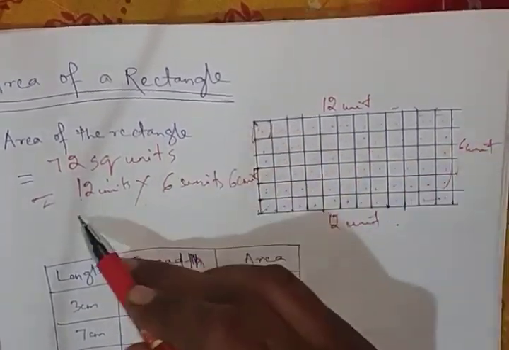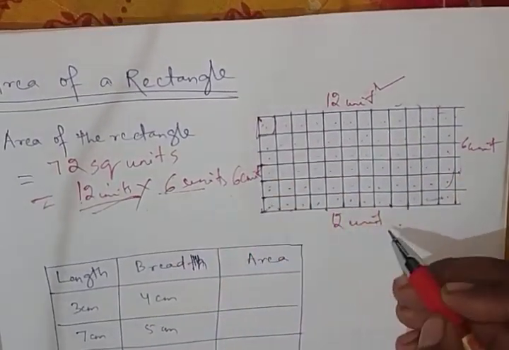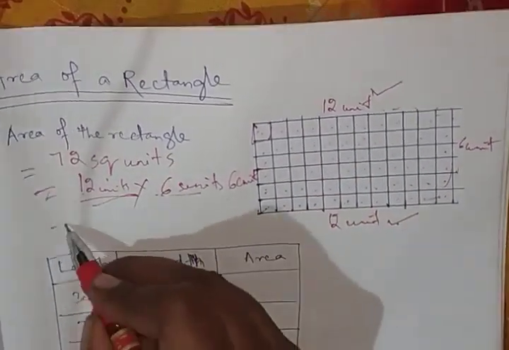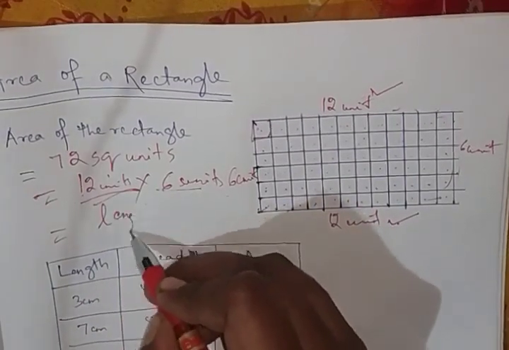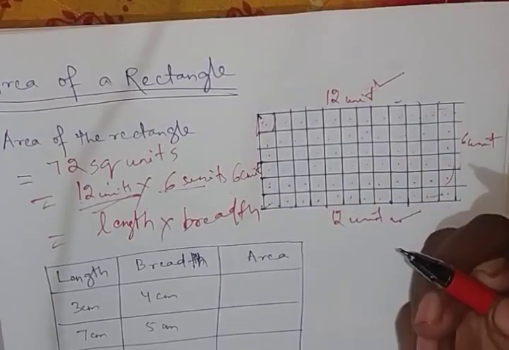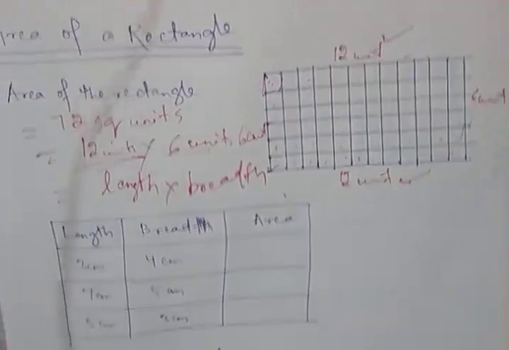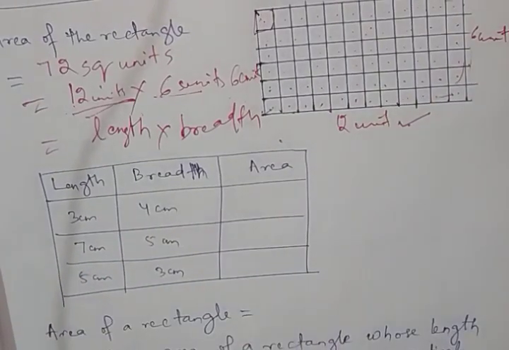This 12 unit is the length and the 6 unit is the breadth. So the area of a rectangle is length into breadth.